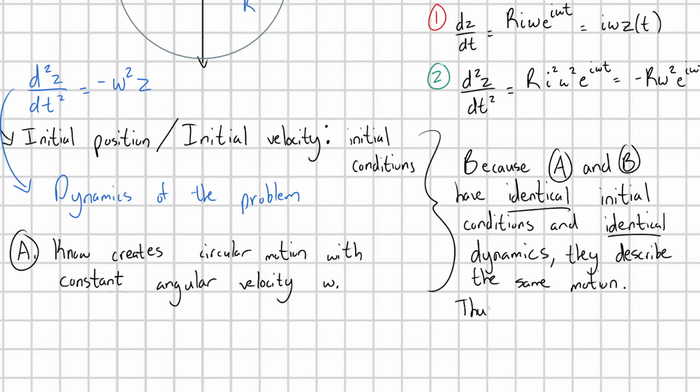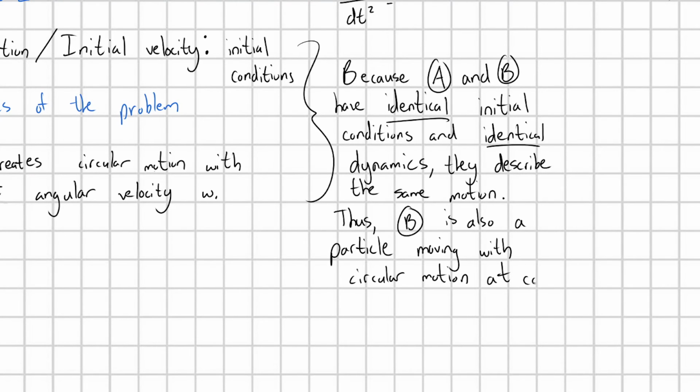Thus, B is also a particle, right? Situation B is also a particle moving with circular motion at constant angular velocity omega.